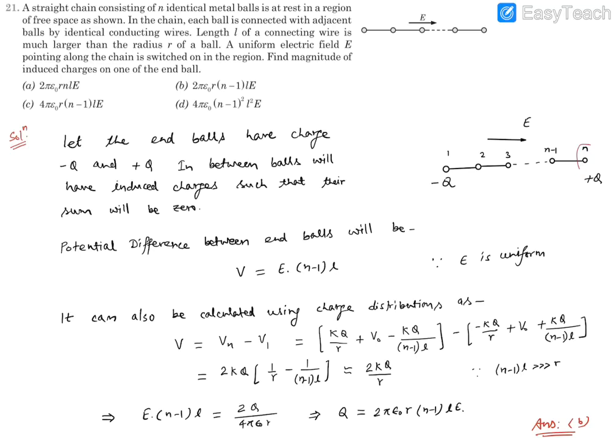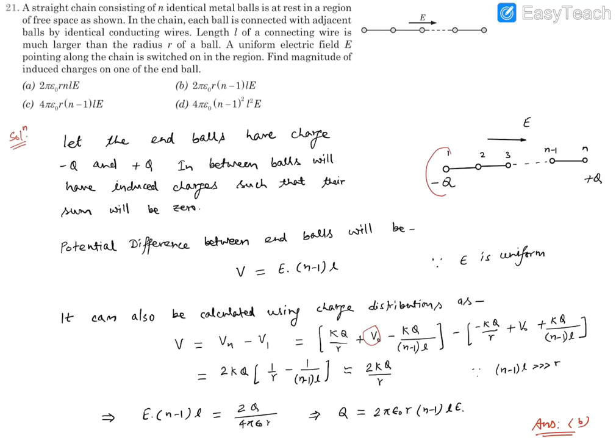This ball will have its potential due to its own charge distribution and potential due to all other charge distributions, isn't it? The potential due to its own charge distribution is going to be kq upon r, where r is the radius because they are spherical balls. And because of the in-between balls, let's say that potential combined together is V0.